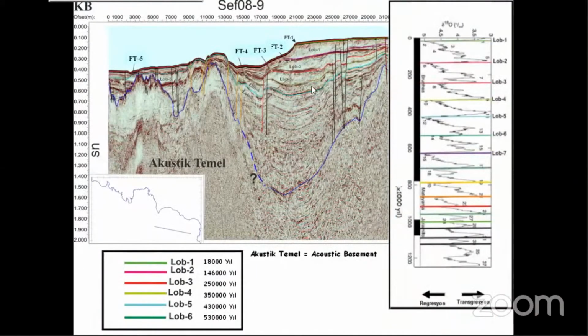Here you see how I did the correlation with the oxygen isotopic stages and sea level changes, and you can see the upper unit and stacked delta and topset and foreset transitions, and the lobes represent the glacial times delta progradations.